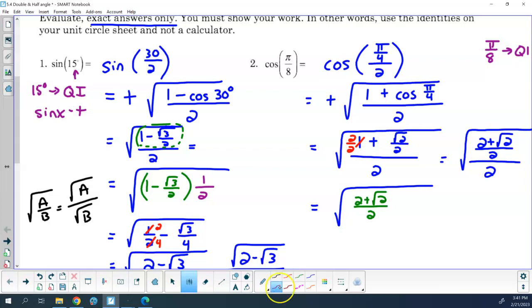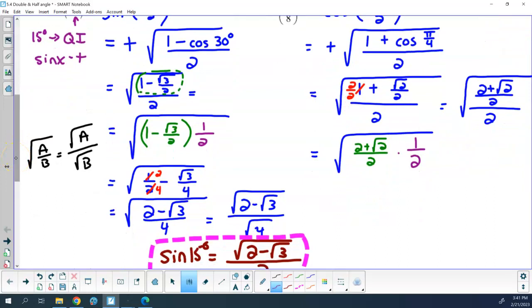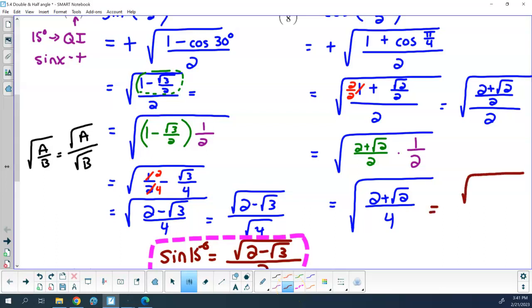And then that now is being multiplied by the reciprocal of the denominator, which is just 1/2. So then this becomes 2 plus the square root of 2 over 4, all of that inside of a radical, which simplifies itself down to the square root of 2 plus the square root of 2 all over 2.